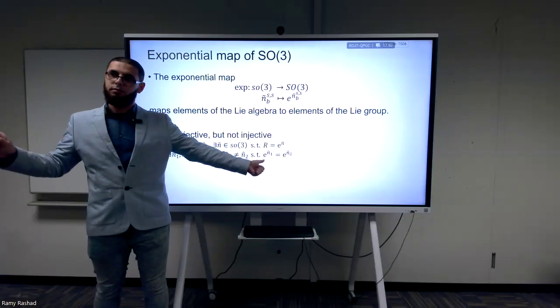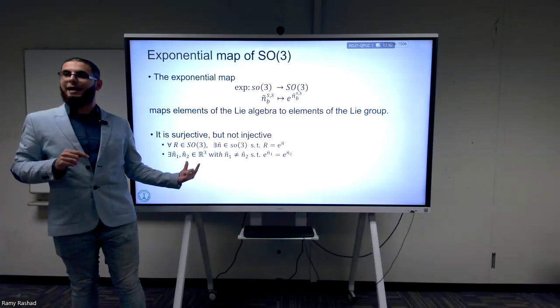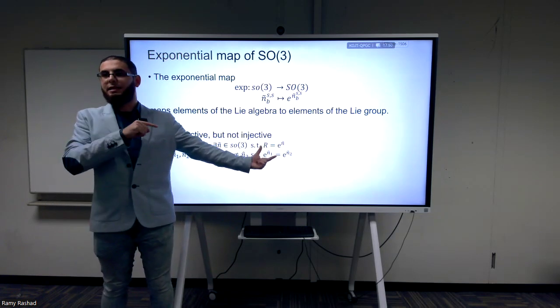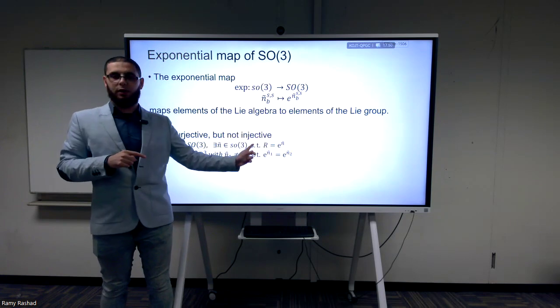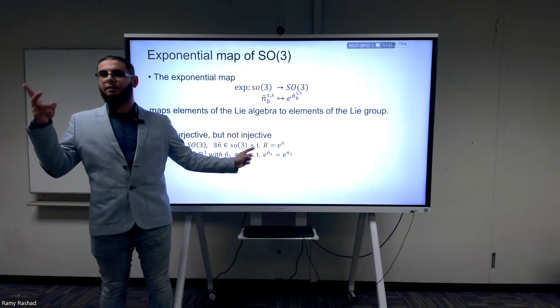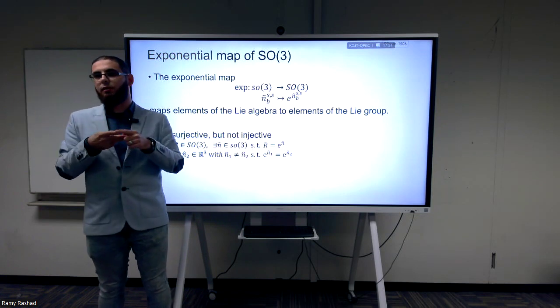It's 1 to 1. This is not the case. I can give you two n hats that would map to the same R. What do these two lines imply? Exactly, that these three numbers do not uniquely represent the rotation matrix, right?